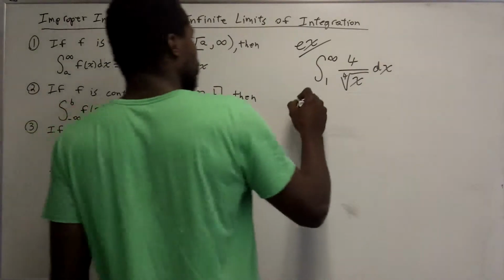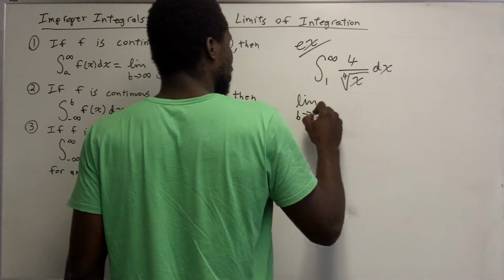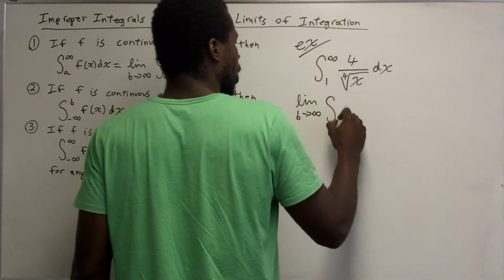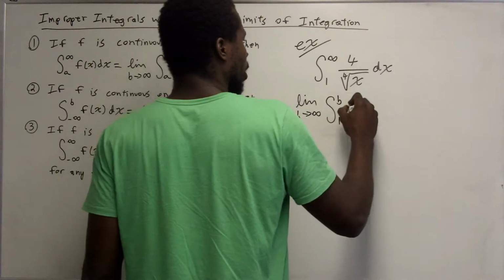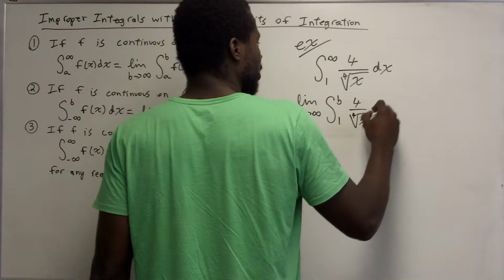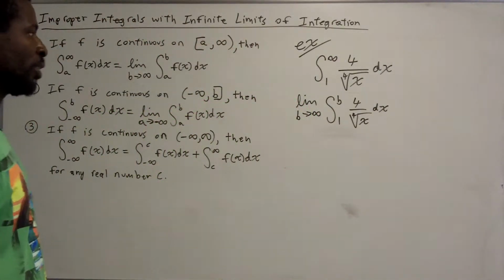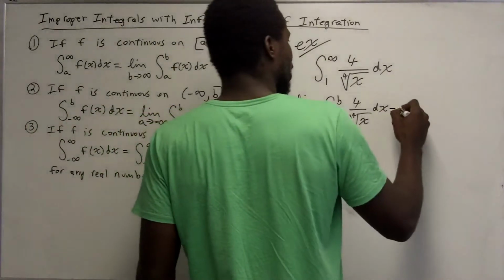This is actually equal to the limit as b approaches infinity of the integral from 1 to b of 4 over the 4th root of x dx. So let's go ahead and calculate the integral.